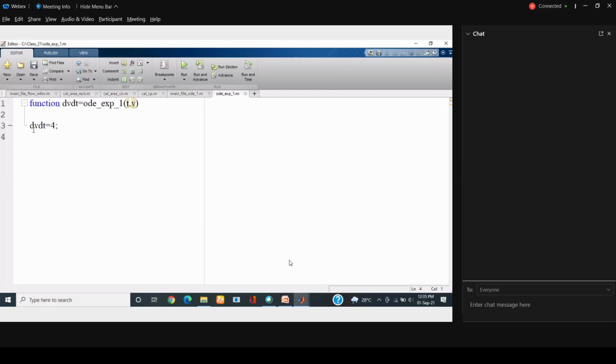I am not using t and v because in my differential equation the right hand side is a constant. That's why these arguments which have been supplied are not useful at this point of time. Correct? I am going to save it and now run it.